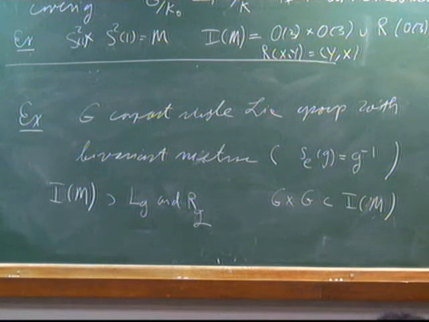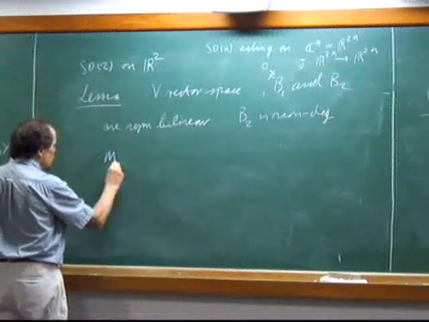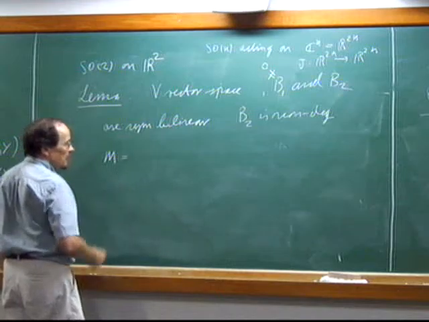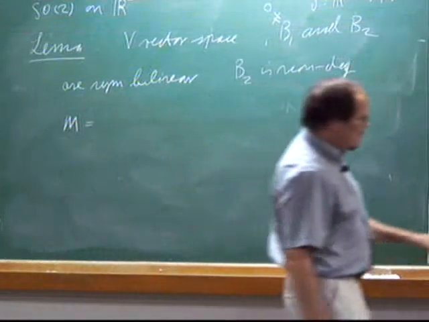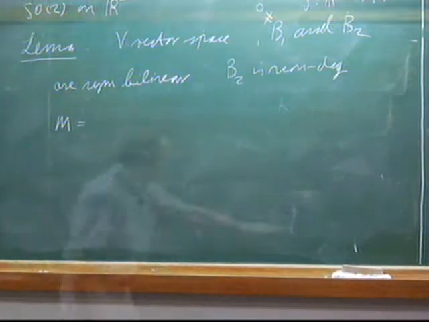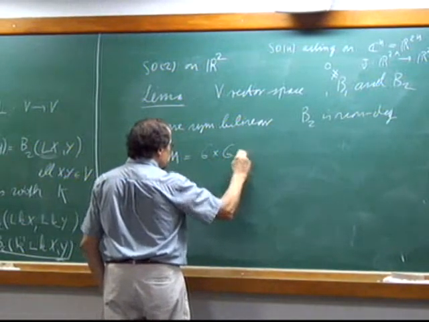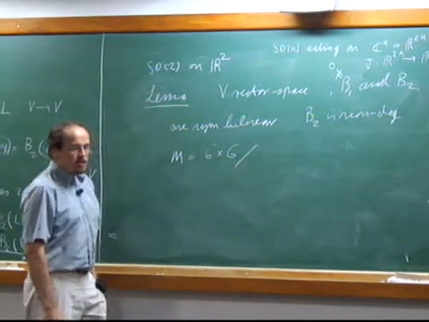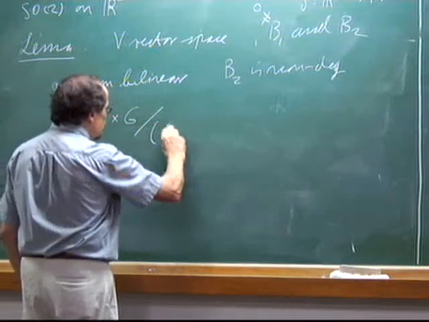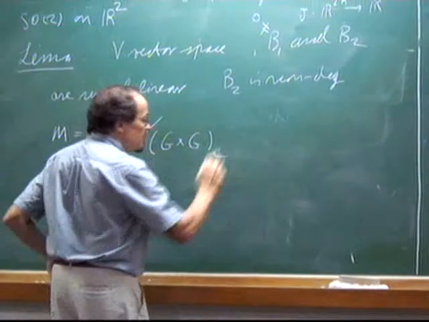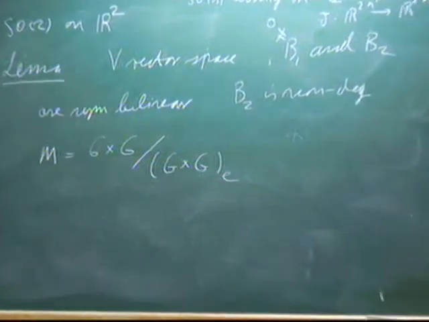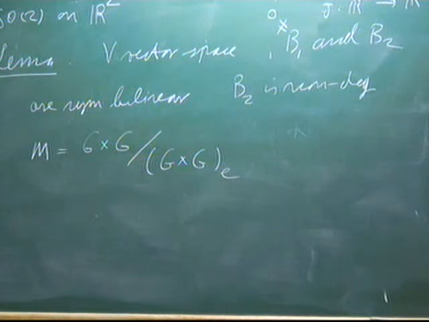But certainly I can say the following. If I now want to write M, which is my group G, as a quotient of the transitive action, well, G cross G sits inside here. So I can write it as a quotient of G cross G divided by the isotropy group at the identity. What's the isotropy group? This acts by a left translation, this by a right translation.